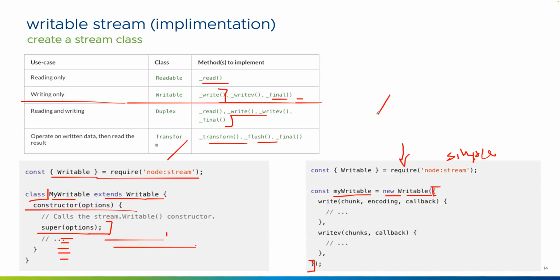The third one is before ES6. You just use function instead of class. I'm not going to talk about this; it's the usage before ES6.